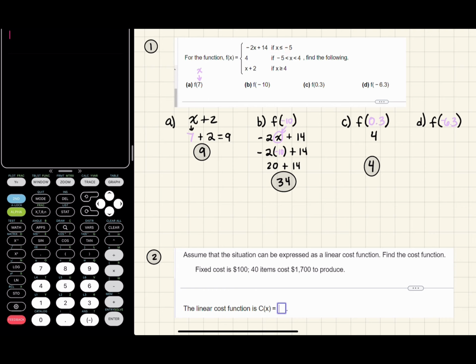So that's the function we'll use for this one. And we replace the x with the value we were given of negative 6.3. Negative 2 times negative 6.3 is 12.6 plus 14, 26.6.